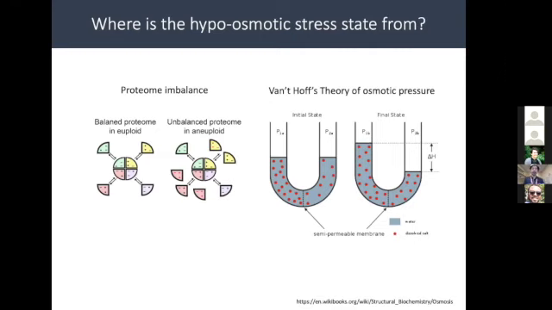And those subunits cannot go anywhere. They don't have partners to bind to, so they're floating around. It's just like what we see in the high school textbook: when you have two chambers with a semi-permeable membrane, and you have more solute here, water will influx into that side to balance.